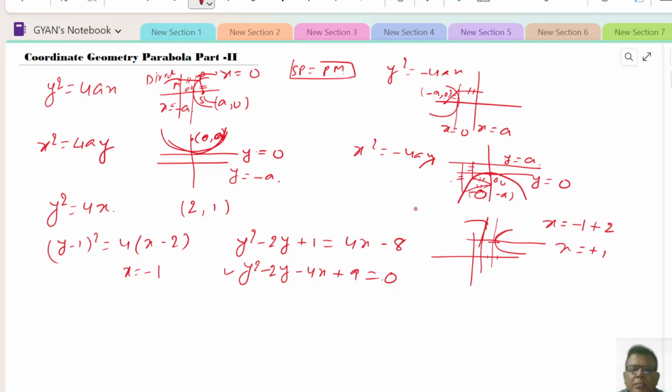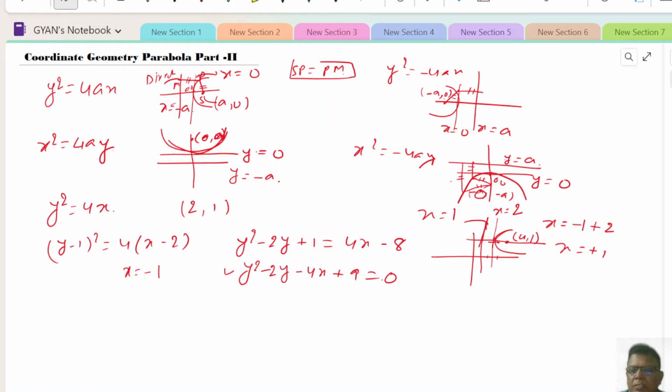And this coordinate will become (3, 1). So we can shift the coordinates like this.